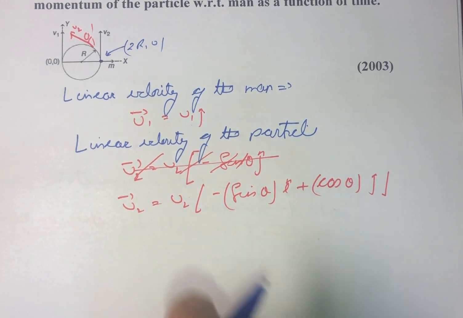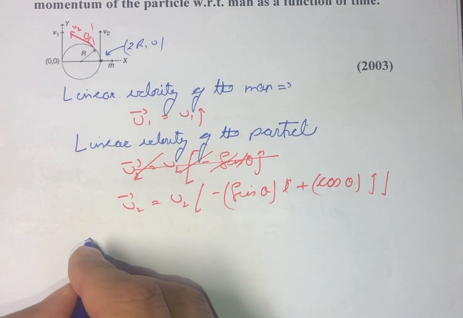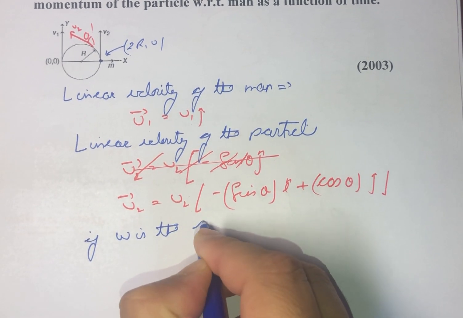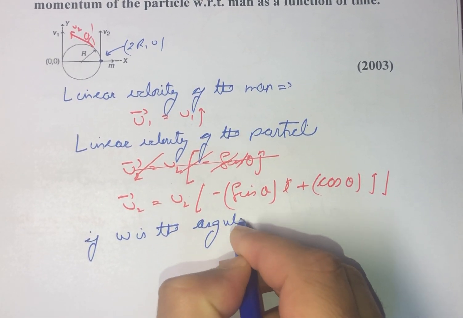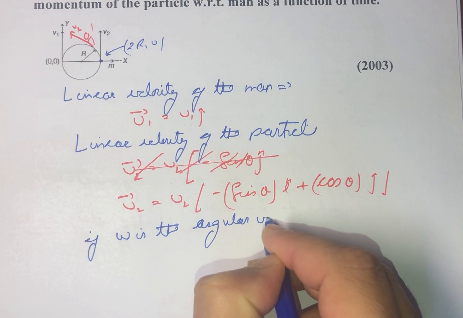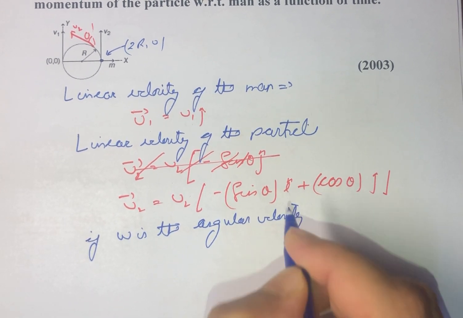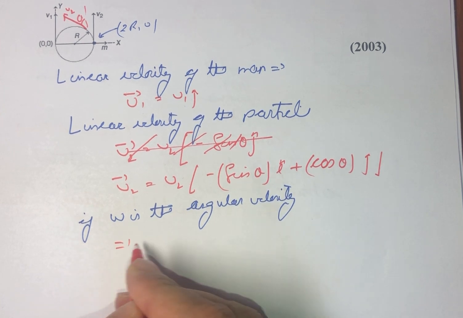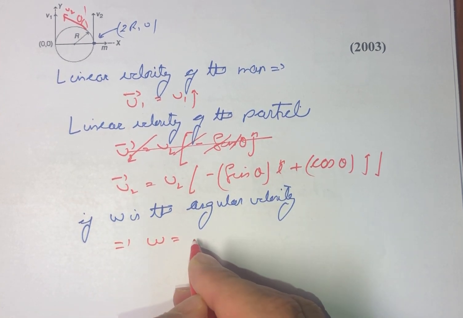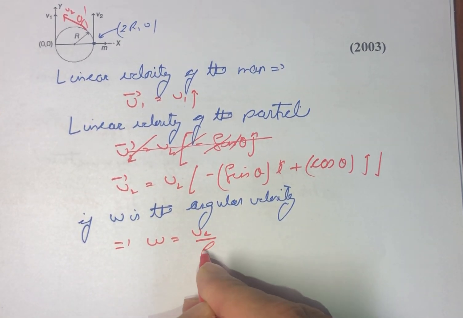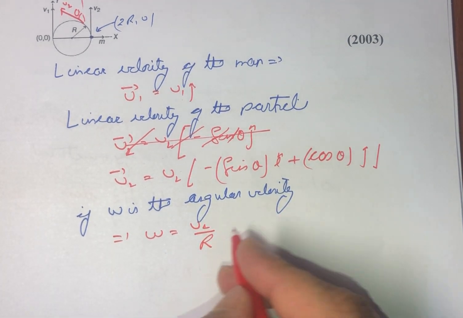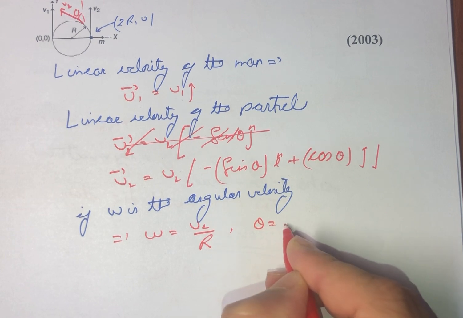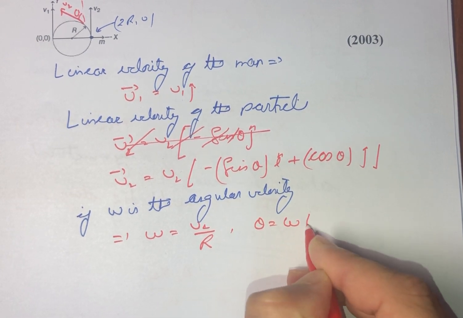And we already know, if omega is the angular velocity, then omega is equal to v2 divided by r, and we also know that angular displacement theta is equal to omega multiplied by time t.